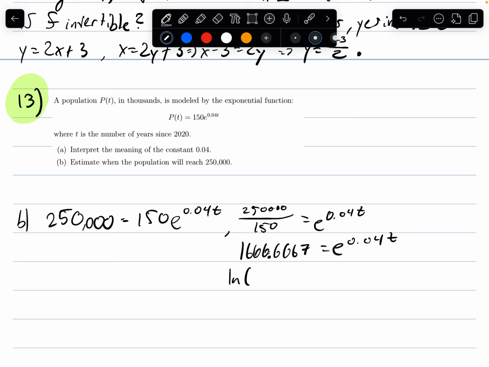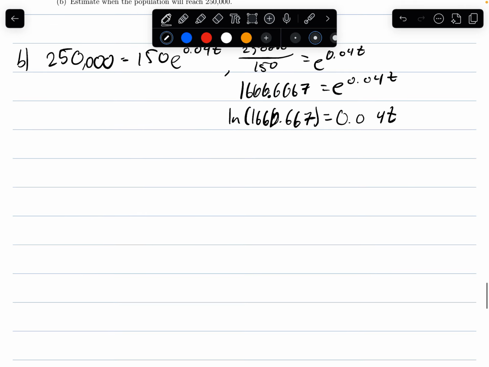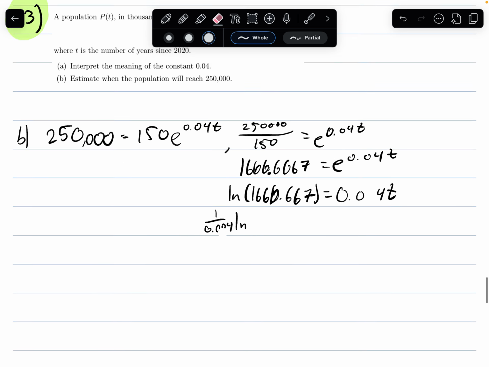So we take the ln of this, and the power goes down: ln of 1,666.667 equals 0.04t. And then divide both sides by 0.04, so I'll put 1 over 0.04 times ln of 1,666.667.